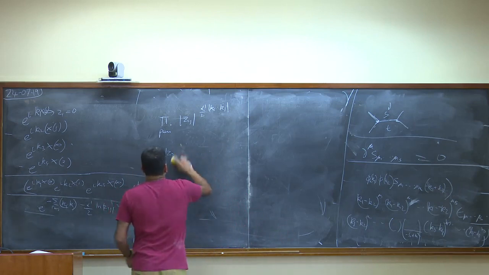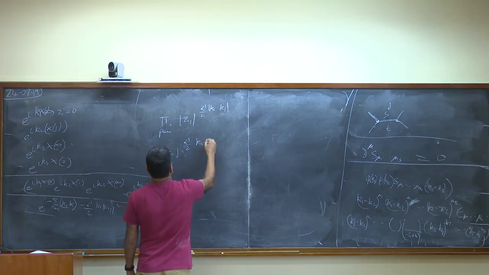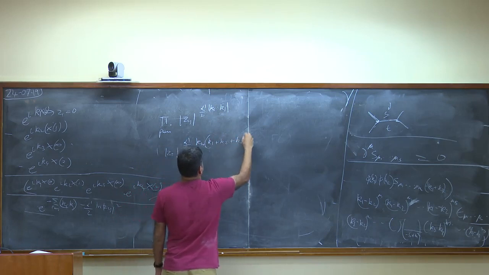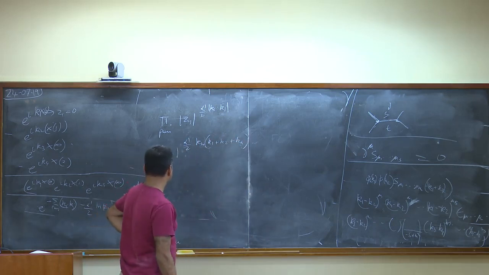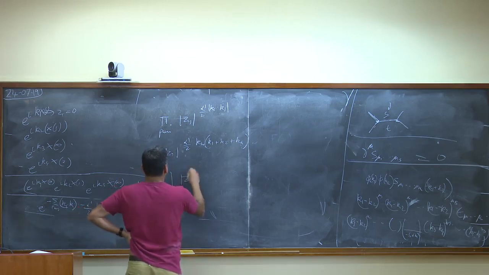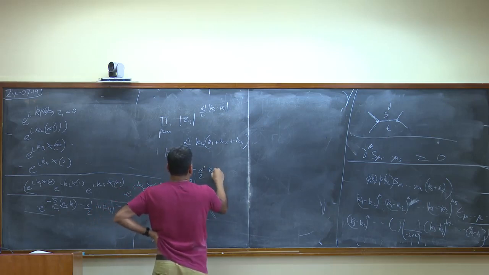So we'll just write mod z3 to the power alpha prime by 2 k3 dotted with k1 plus k2 plus k4. Yes, it does look like it's working. Just a minute. So that's z3 to the alpha prime by 2 into minus k3 squared.